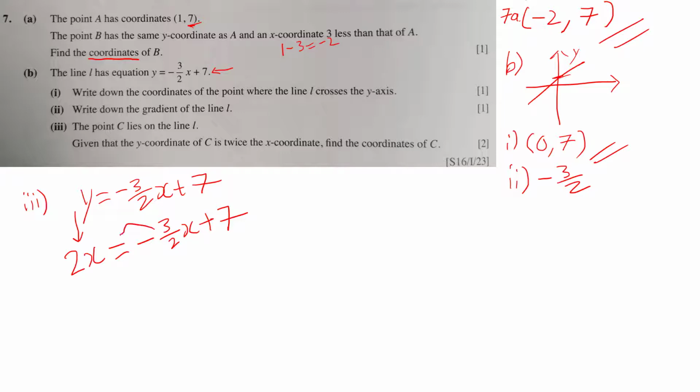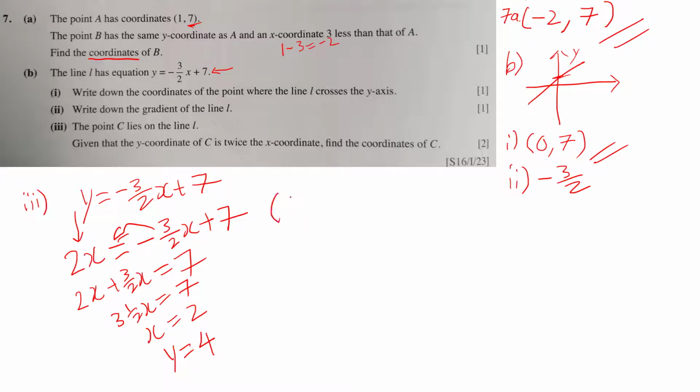You move this over, so it becomes 2x plus 3/2 x is equal to 7. So we have 3.5x equals 7. x will be equal to 2. So since y is twice that of x, y will be 4. So what are the coordinates of C? The coordinates of C are (2, 4). So this will be our answer.